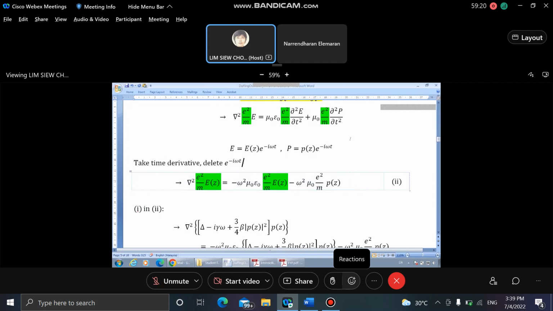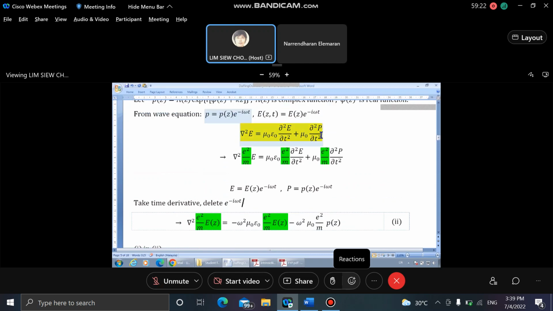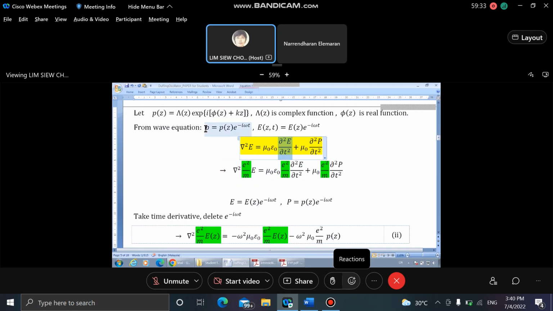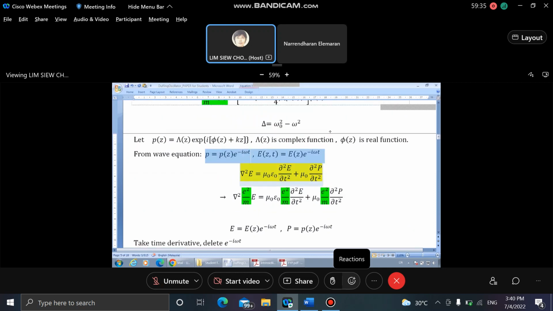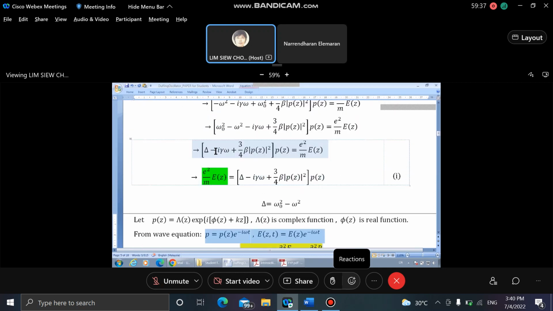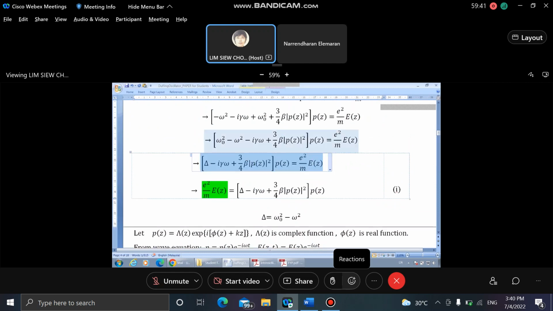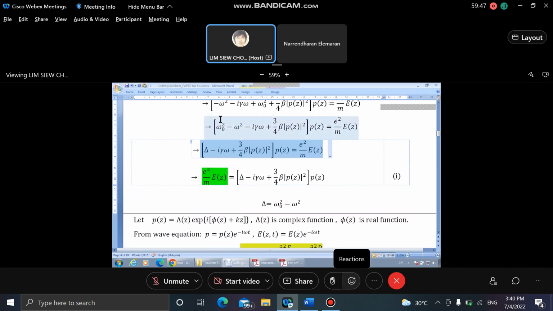So after I play with the wave equation, I take all the time derivatives because I don't want to see time derivatives inside the wave equation. Okay, so I use the same consideration that we derived this equation as in the articles. In the articles also, you don't have any time derivative anymore. It already took the time derivative. So that's why you have this omega square, something like that.